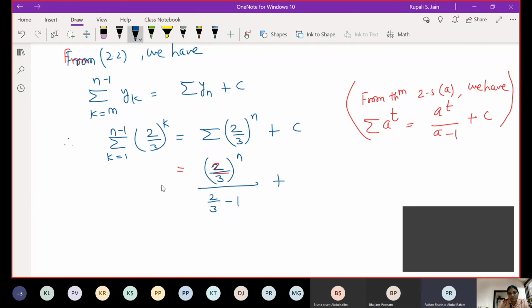Constant plus constant, so I will just write c. You could call it c1 plus c, but it doesn't matter if you add that; it is an arbitrary constant only. This plus c is from here, and again one c will be there. That c and that c I am writing as just constant c.